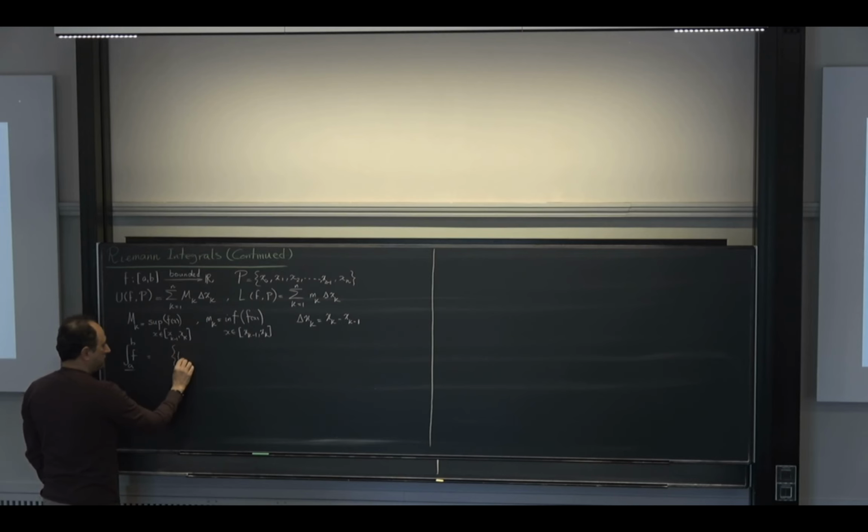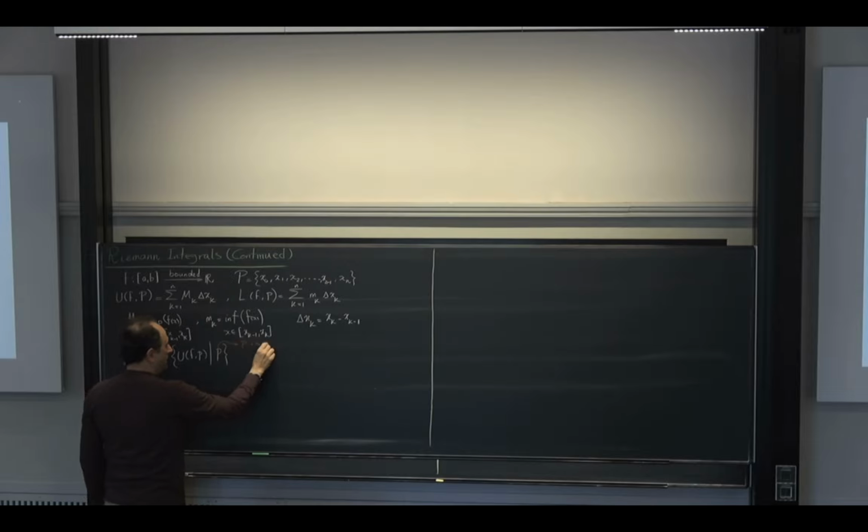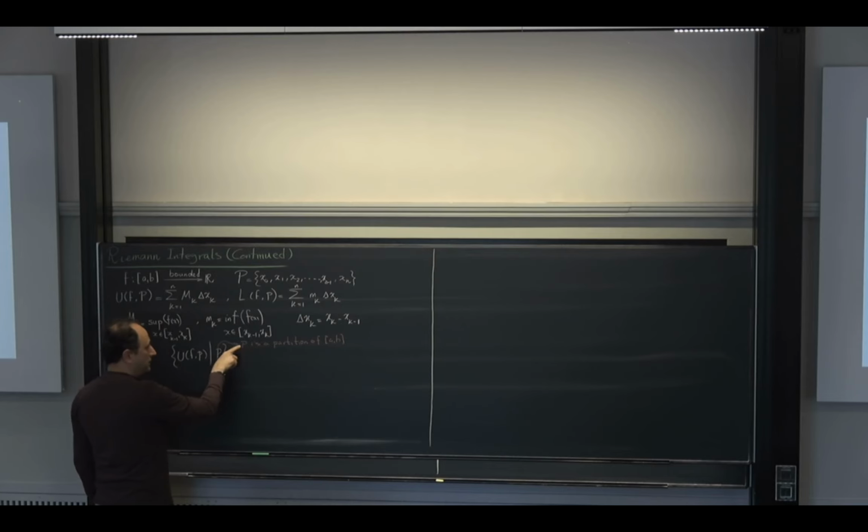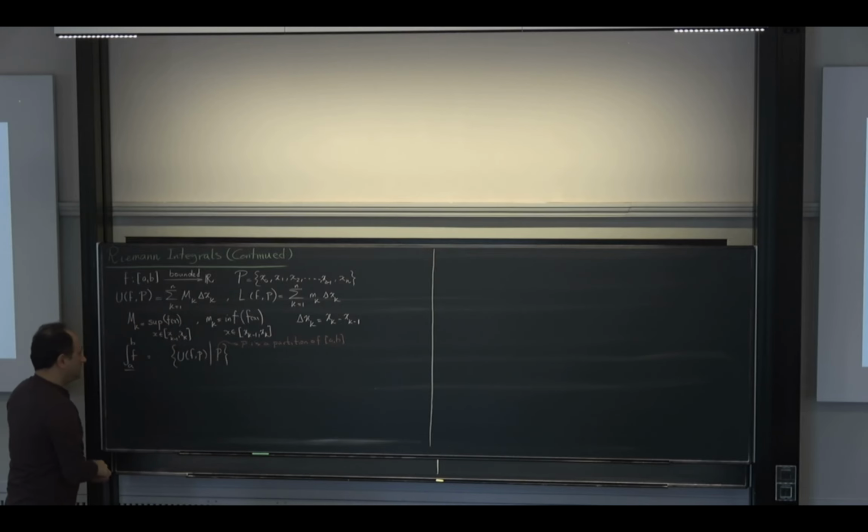So it becomes the set of all lower sums such that P is a partition of a and b. Because this is a long sentence, for simplicity, when I write this symbol and then P, please read it in that way. So this is a set of numbers, and we proved that this set is bounded above.